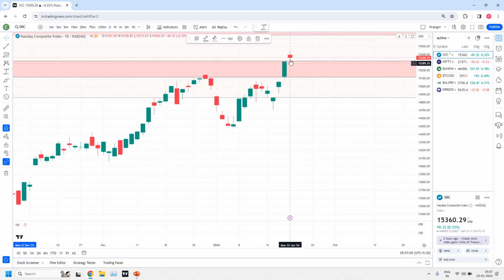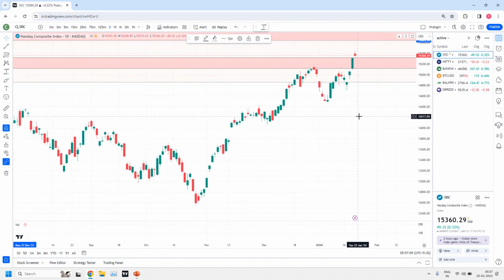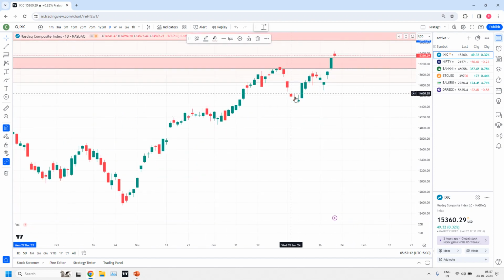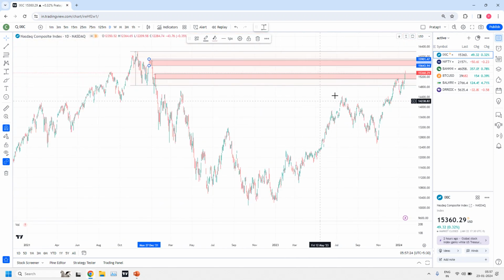See here, easily it is violated. Of course, there was some fall there because there are some pending orders in this zone that pushed the price. But this is not a significant move. But probably you may expect a turning point in the market once prices enter into this area, because this kind of setup is having higher success rate.